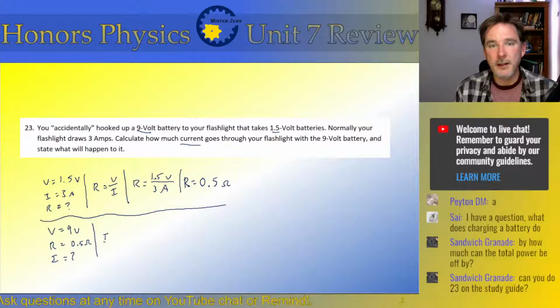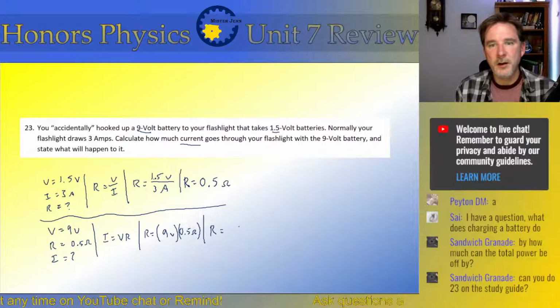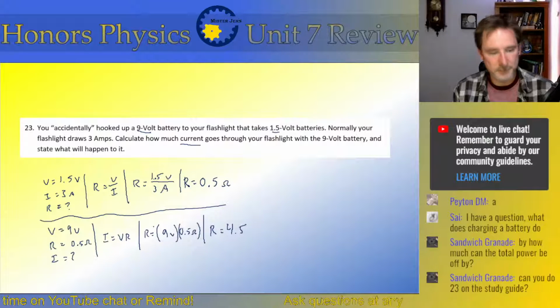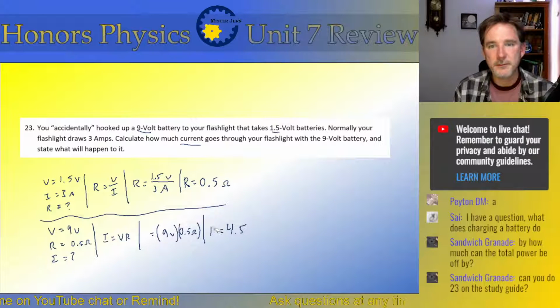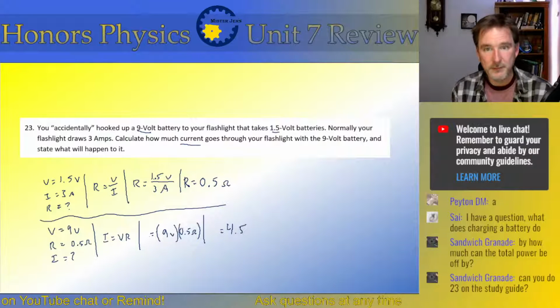I is equal to V divided by R. So let's just plug those in. Volts is 9 volts, 0.5 ohms. You can kind of see where I'm going with this, right? And so I is equal to 4.5... okay, going too fast. I is equal to 4.5 amps.